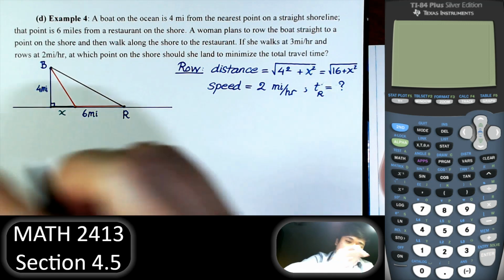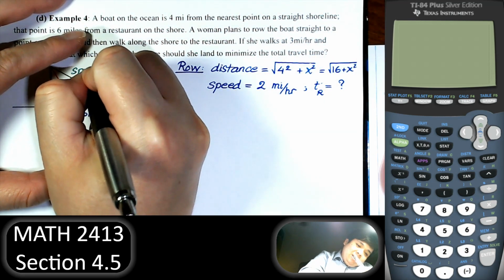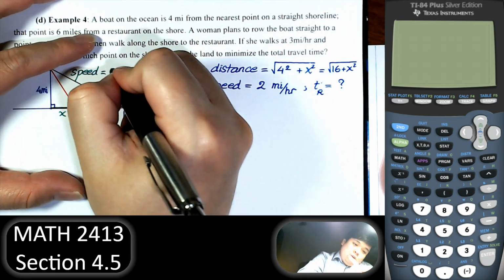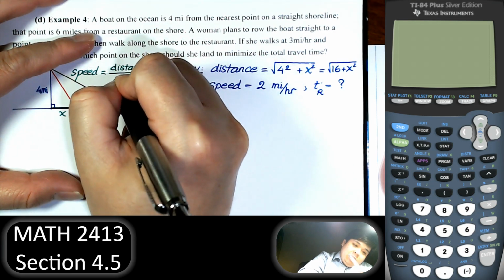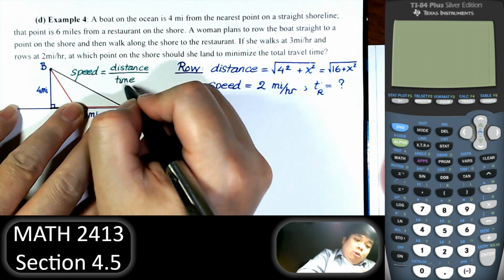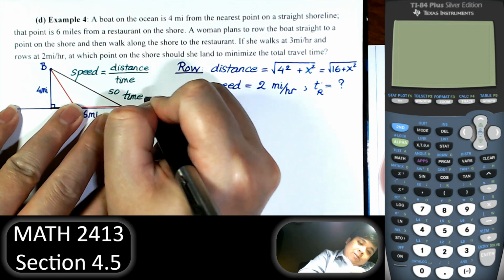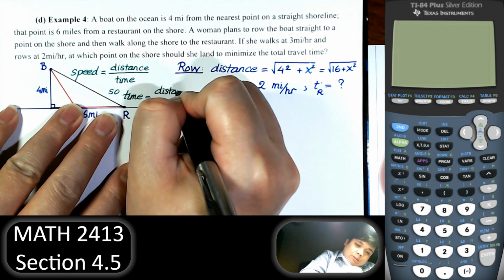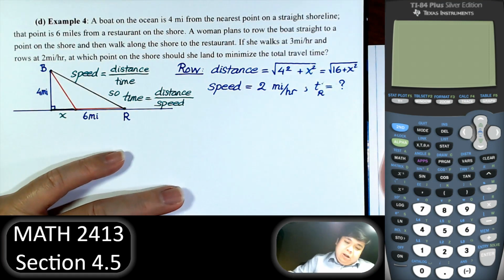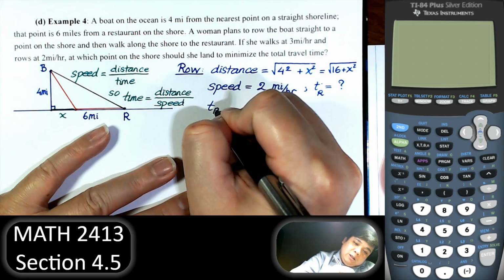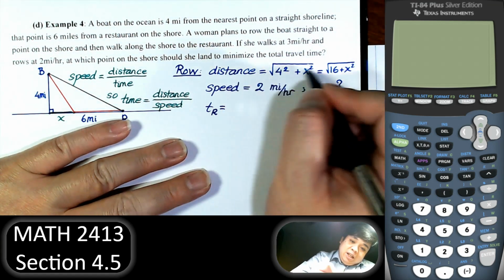Right, so now we have speed equal to distance over time, right? So in this case, if we want time, it's going to be distance over speed. So the time that she spent rowing.